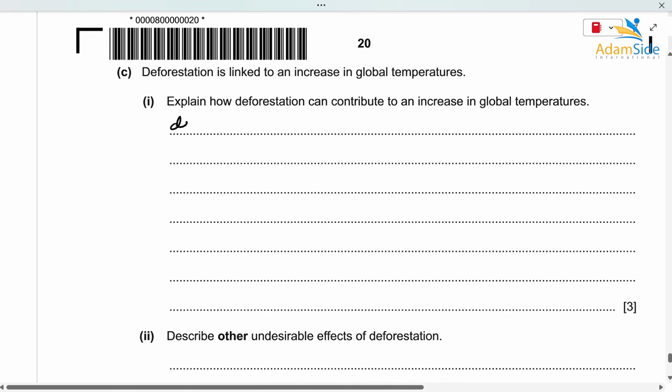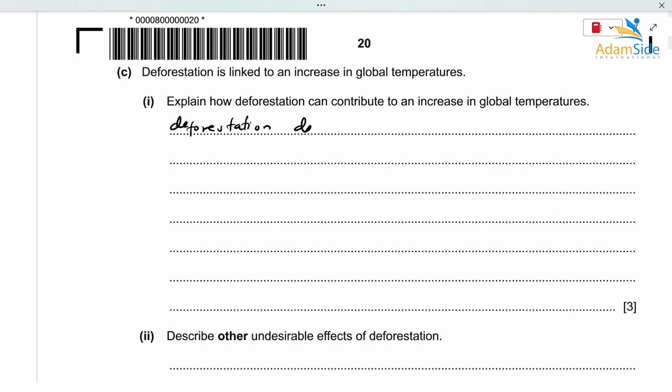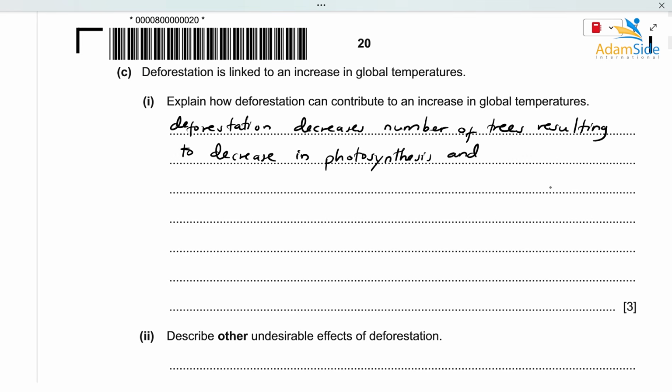So here we'll say deforestation decreases the number of trees, resulting in a decrease in photosynthesis and an increase in carbon dioxide concentration.